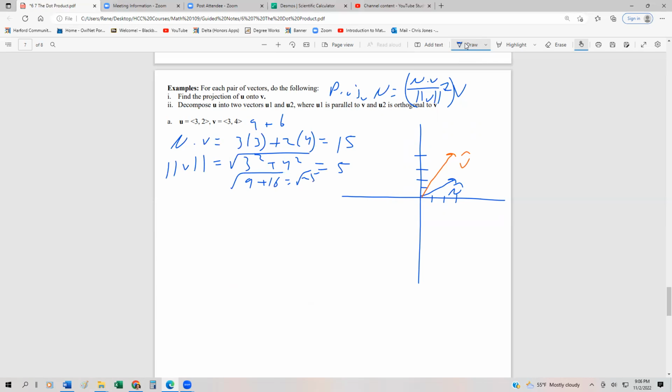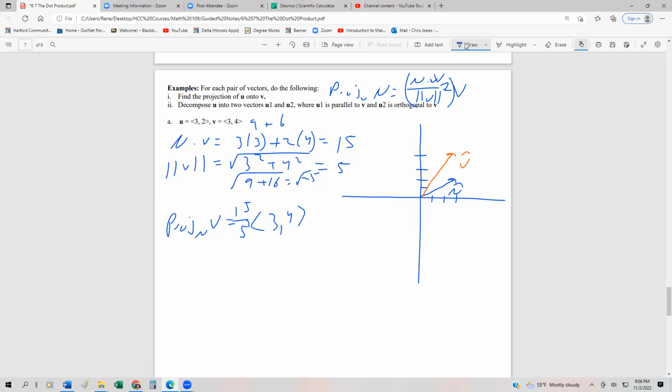Now to find the projection of U onto V, that's going to be equal to 15, which is U dot V, over 5, and we have to square that. Then we multiply that by 3 comma 4.